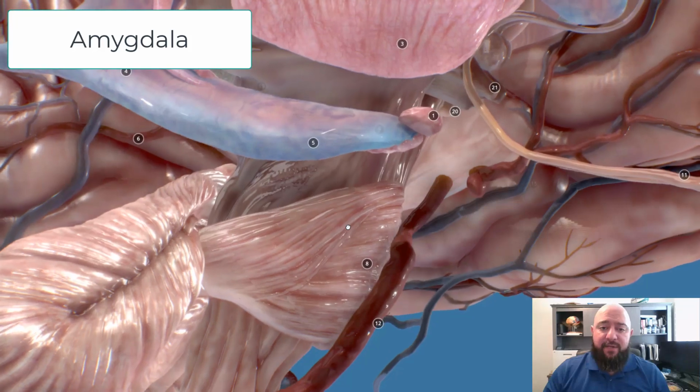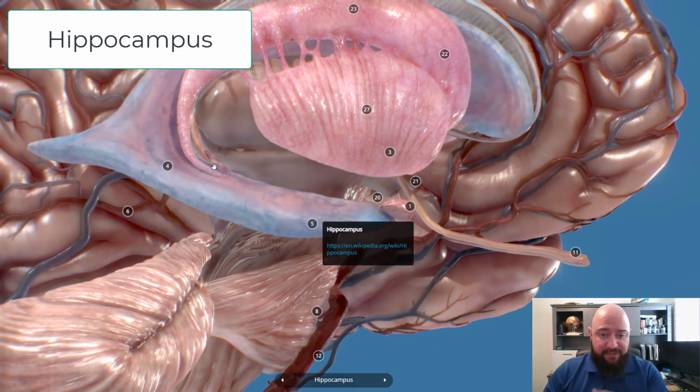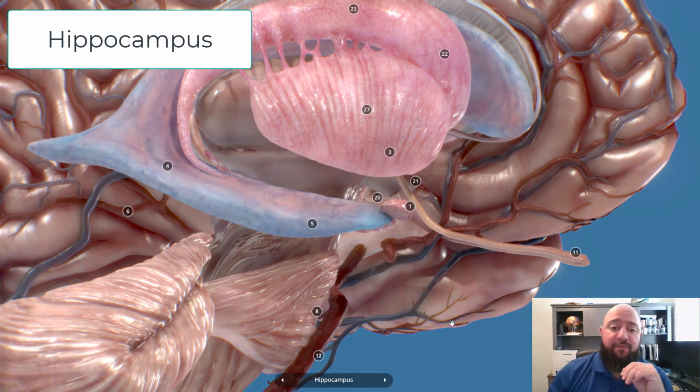The next area and the last area is the hippocampus, which is this kind of blue region right here. The hippocampus is really important for your memory formation. So the hippocampus is the structure of the brain that allows you to form new memories. And so all the memories that you have in your brain, you have because your hippocampus is functioning.